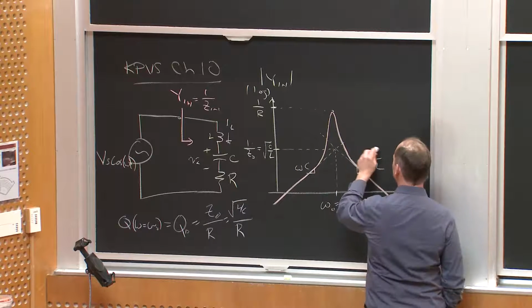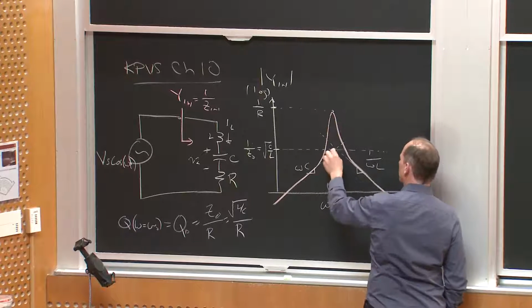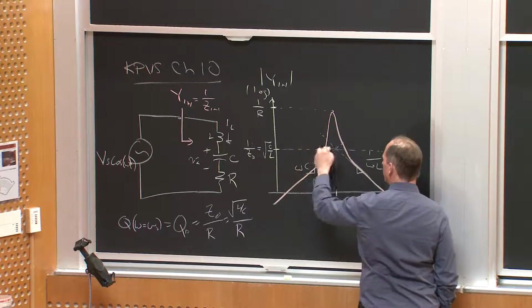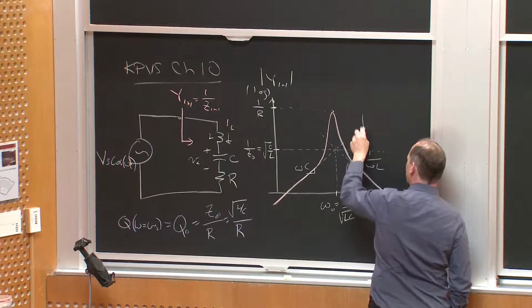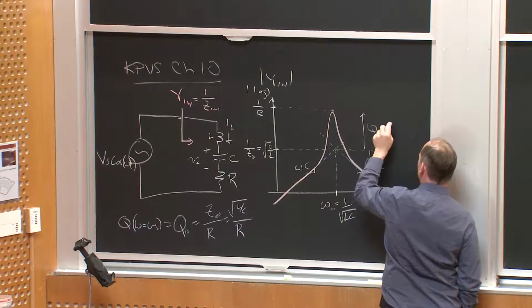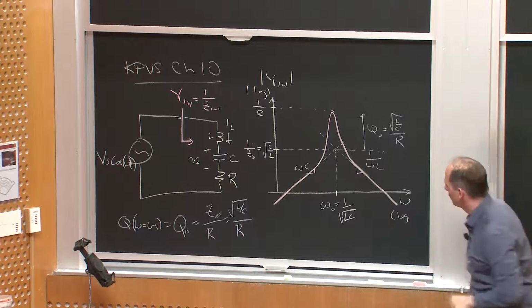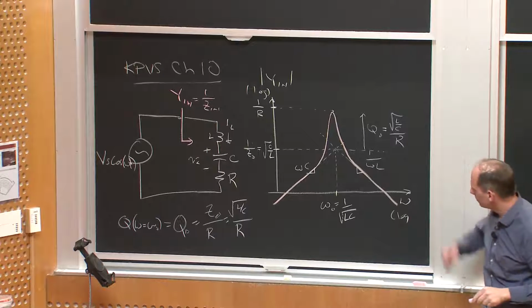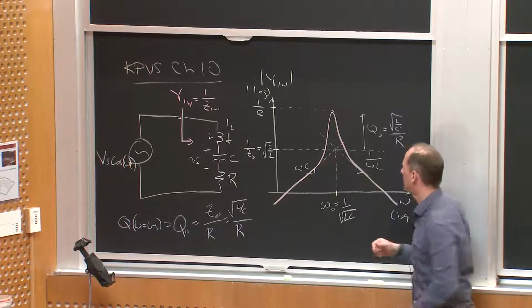And we said that was exactly the amount by which this admittance characteristic peaks up above the intersection point of the low and high frequency asymptotes. So it peaks up by an amount Q naught equal to the square root of L over C over R. And then the other thing we said was, how broadband is that peaking? Okay.